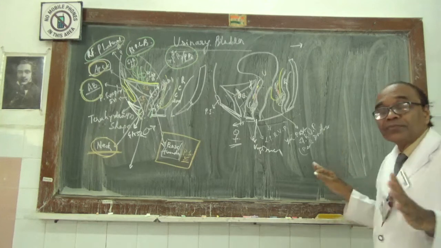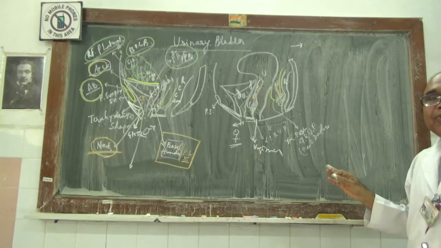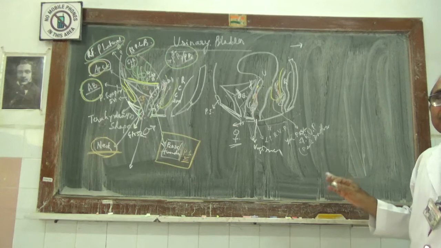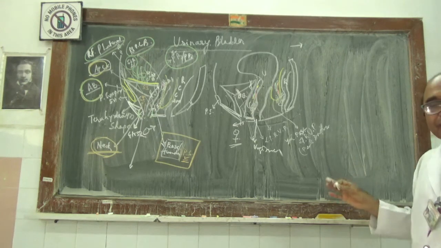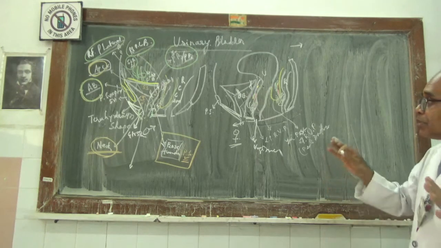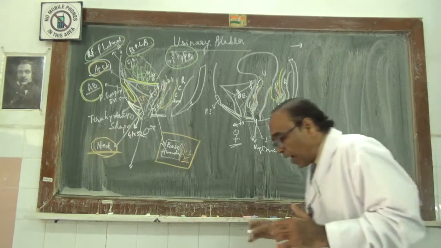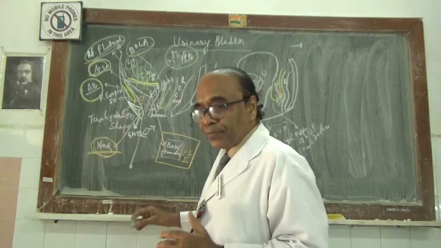These are the true ligaments of the urinary bladder. They are true, meaning they support. Now the false ligaments of the urinary bladder.